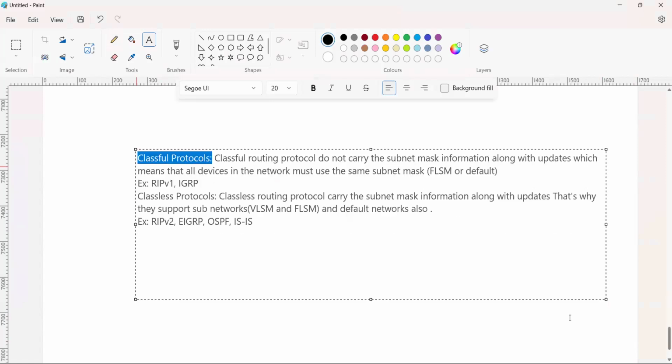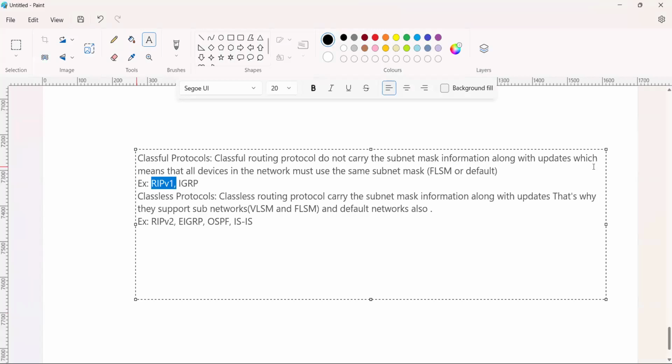Classful routing protocols do not carry the subnet mask information along with the update, which means that all devices in the network must use the same subnet mask, what we discussed earlier, FLSM, VLSM. Here it will work like legacy protocols.